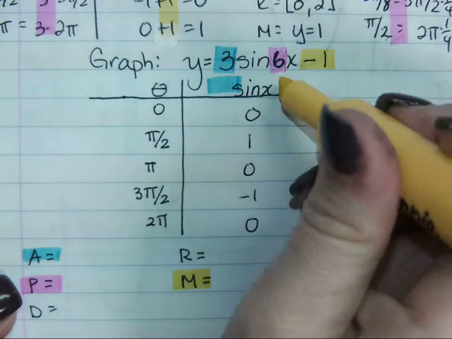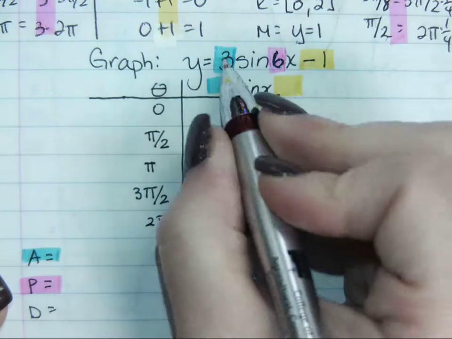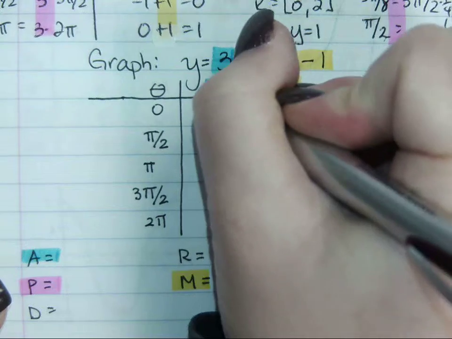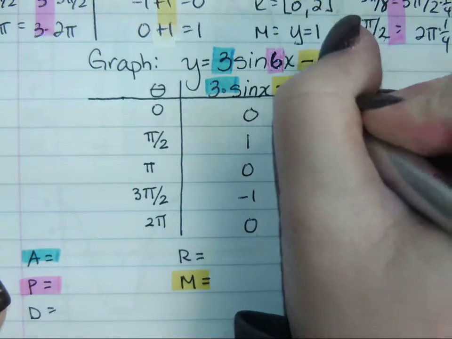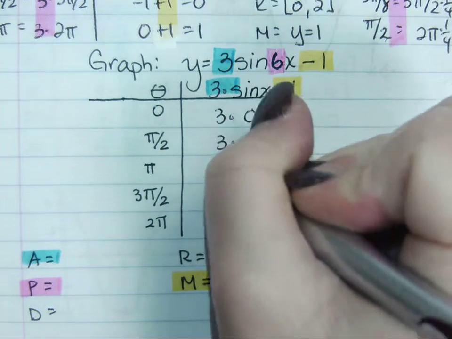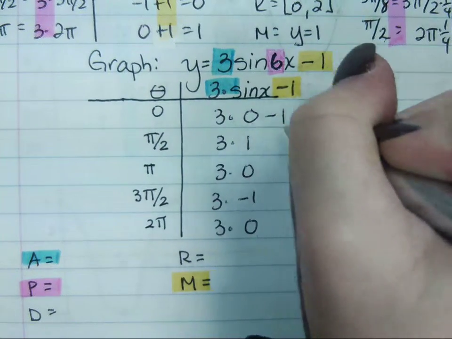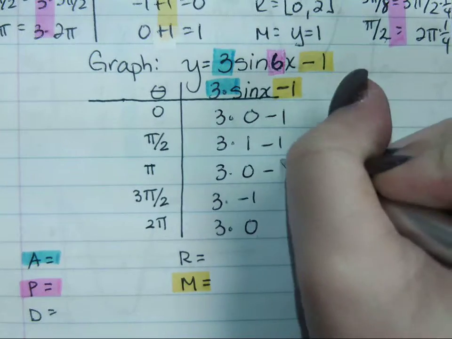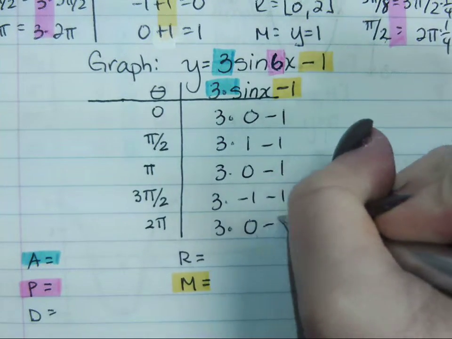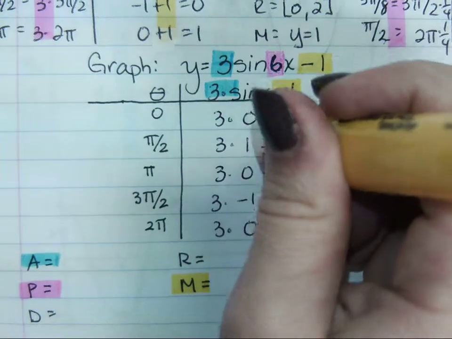Those are the two different operations that happen to the output. So based off of what we have here, I'm going to need to multiply times 3 and subtract 1. And so that's what I'm going to do first. So anything that happens to a change in the amplitude, change in the vertical shift, those are all going to happen to this side, or these output values here.